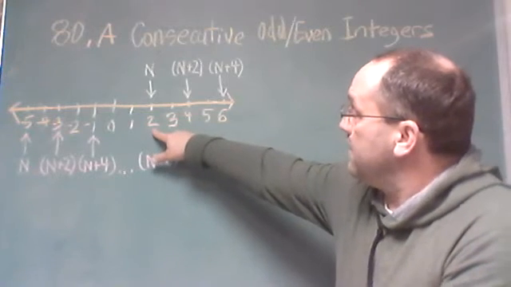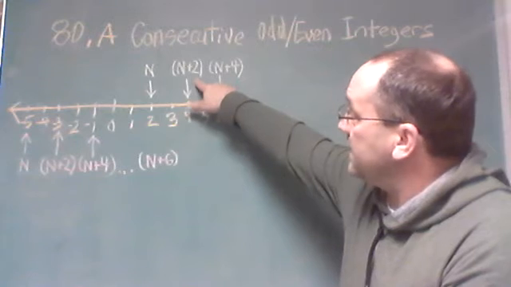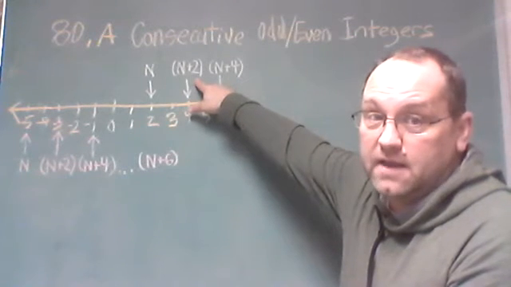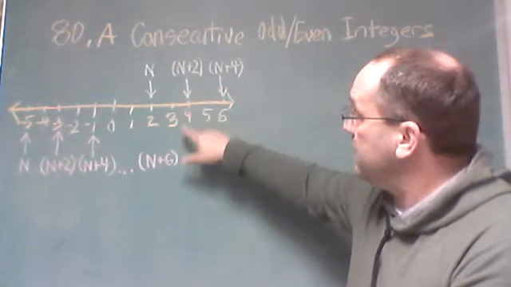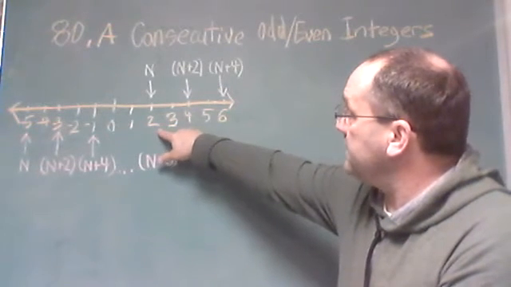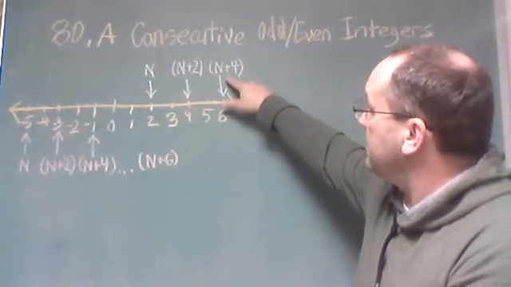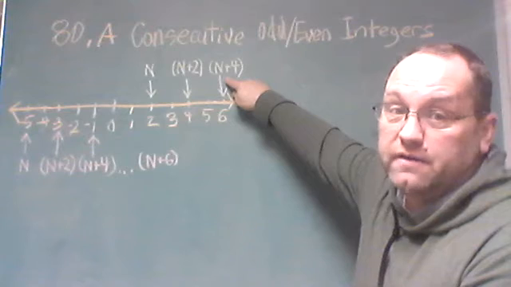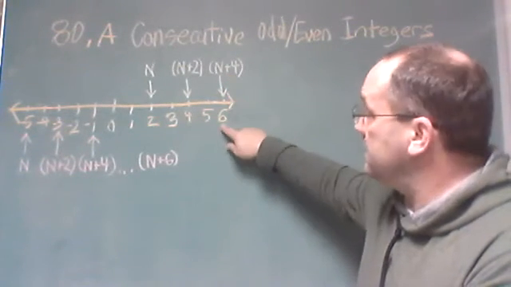So if our next even integer is 4, we can express that as n plus 2. The original number, 2 plus 2, would equal 4. And likewise, the next one would be n plus 4, because we're expressing it in terms of the original number 2. 2 plus 4 is 6.